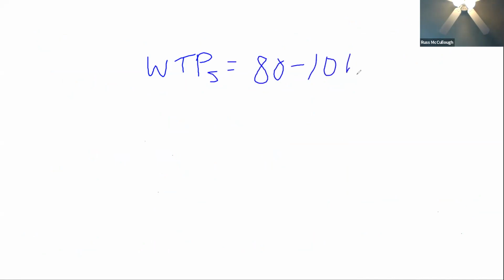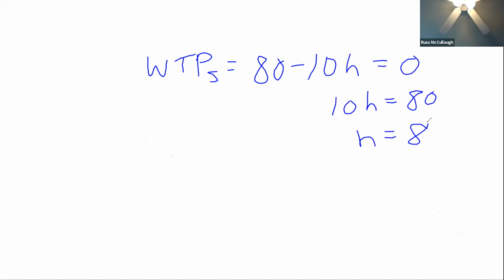So we had the willingness to pay with the stairs equal to 80 minus 10h. If we set this equation equal to 0, all we're doing is finding that intercept. So 10h equals 80, h equals 8.